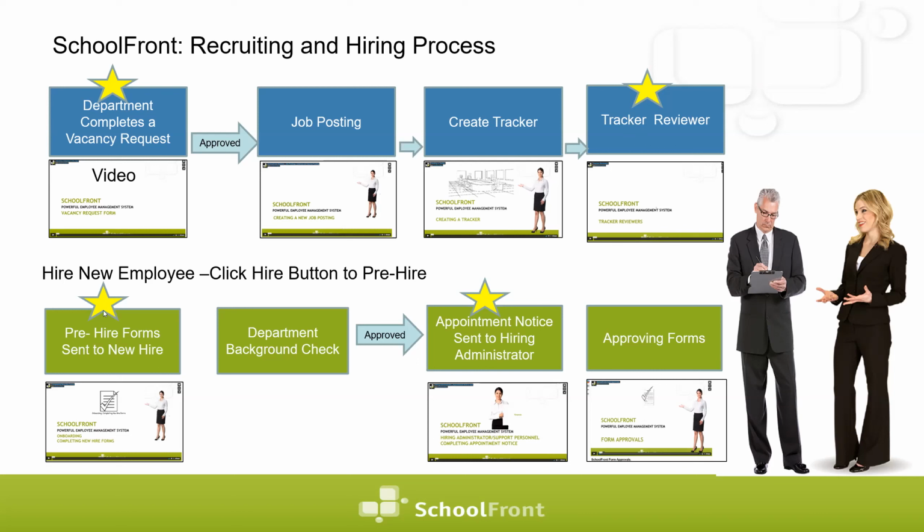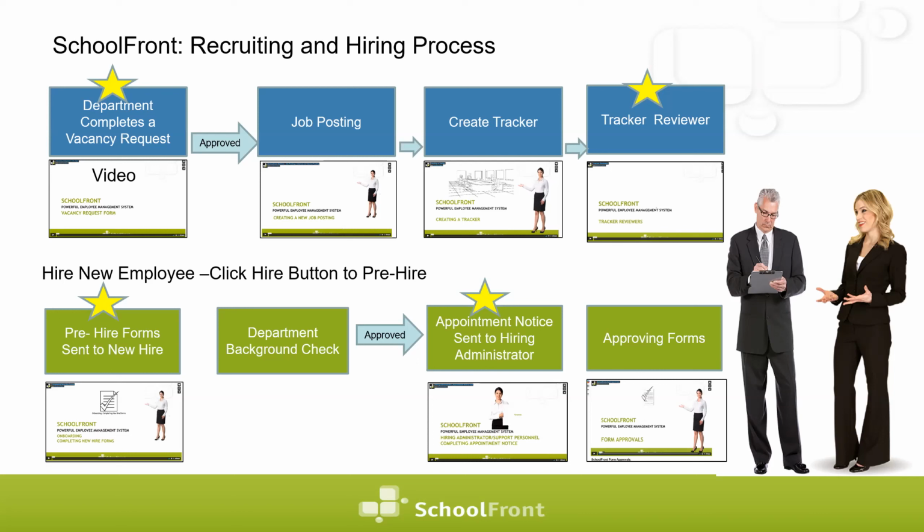Then I'm going to show you how to hire a person via the tracker. Hiring the person will actually send them the forms. The beauty of this is that in the past, you probably asked yourself, has the background check cleared? Can I do the appointment notice? But this is going to be done automatically. Once you hit the hire button, that will trigger HR to run a background check.